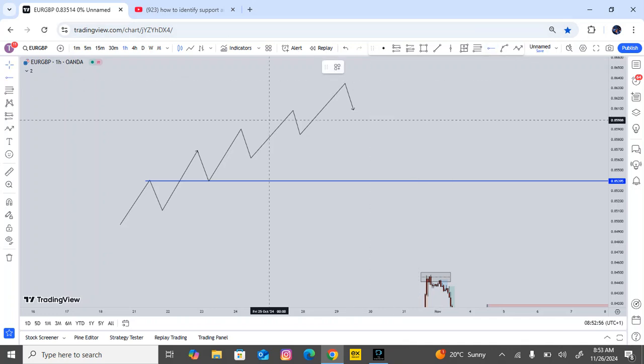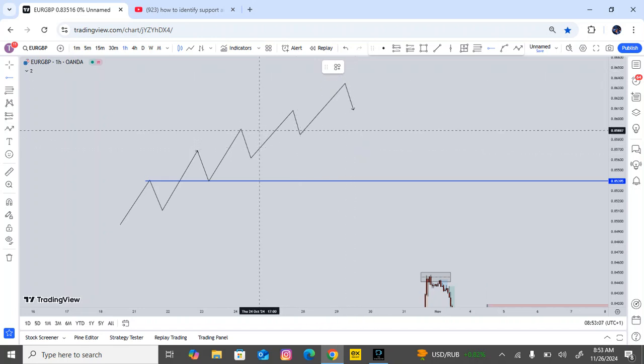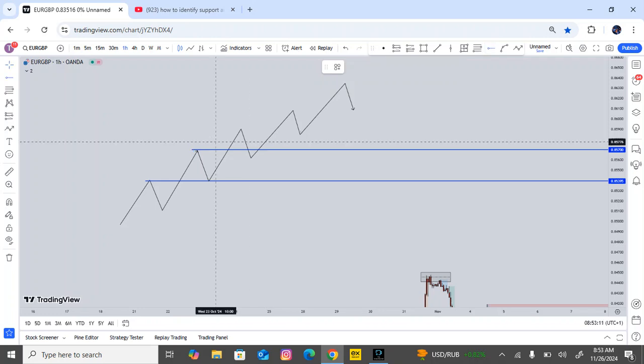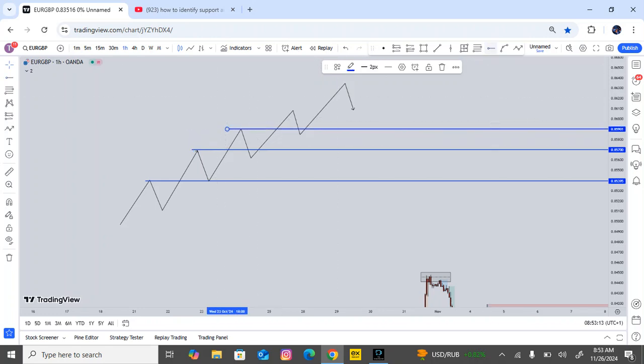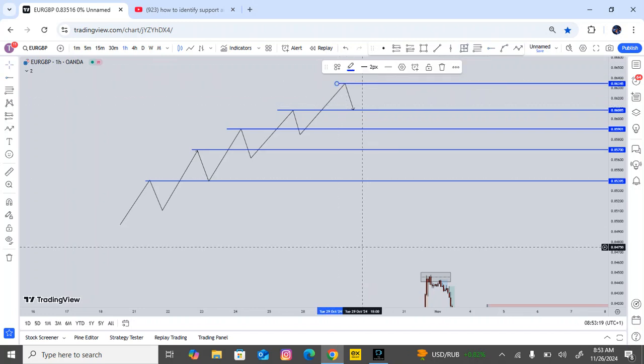All right, price always does this kind of thing, making higher high, higher low, higher high, higher low. As you can see, this is a high, high, high, and high, right? So those are highs, all right?